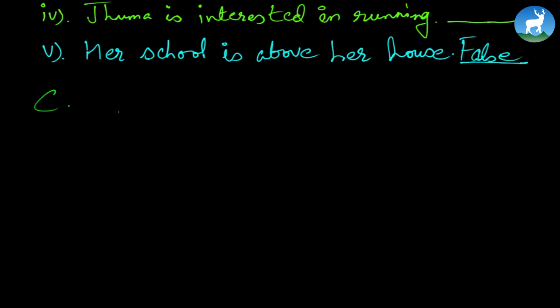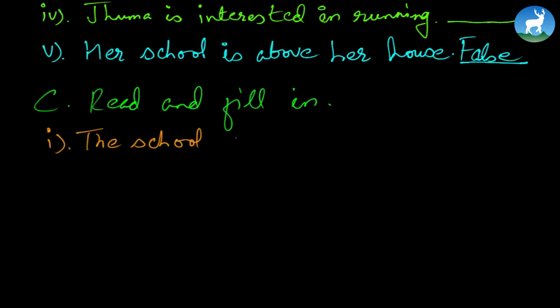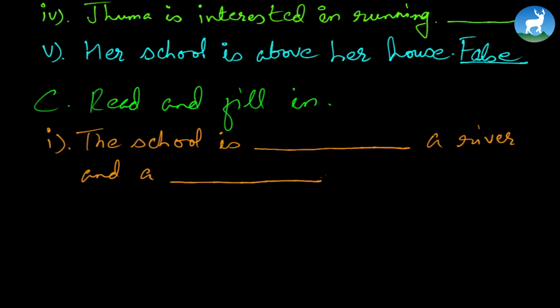Number C says, read and fill in. This is more like fill in the blanks. Number 1, again, the answer lies right in the passage. Don't forget that. The school is, there's a blank, a river, and there's a big blank.